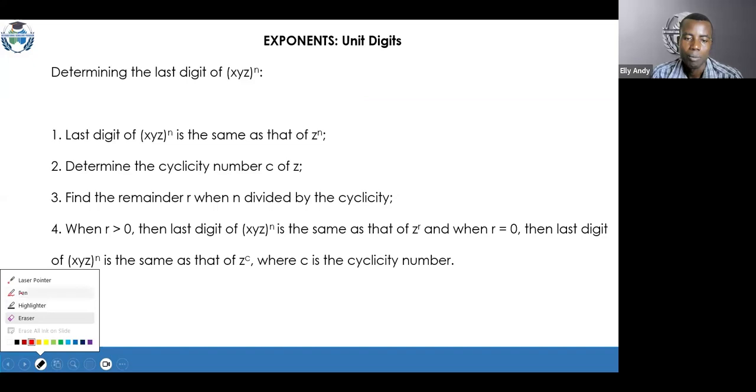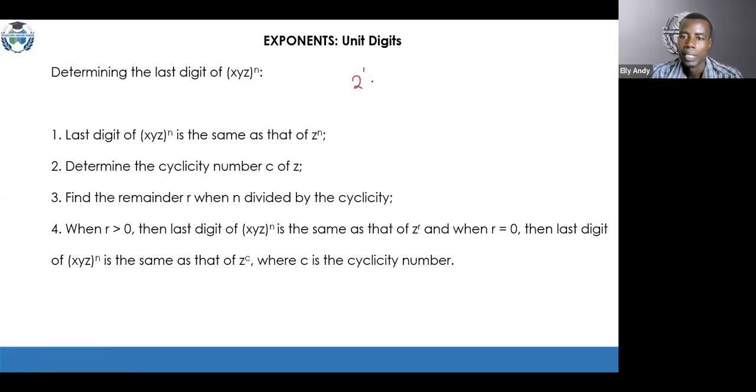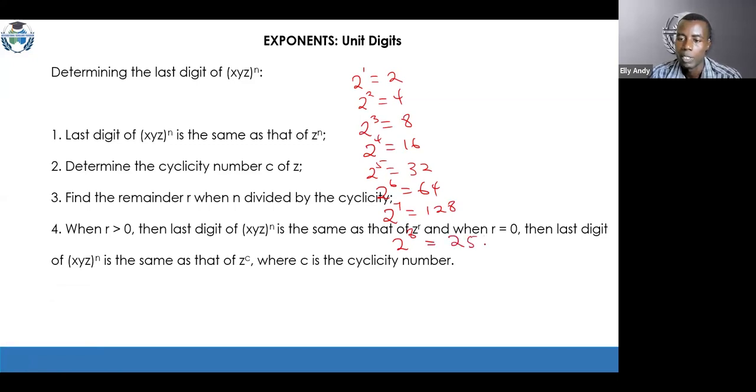So let's see. 2 power 1 will give you 2. 2 power 2 will give you 4. 2 power 3 will give you 8. 2 power 4 will give you 16. 2 power 5 will give you 32. 2 power 6 will give you 64. 2 power 7 will give you 128. And 2 power 8 will give you 256.